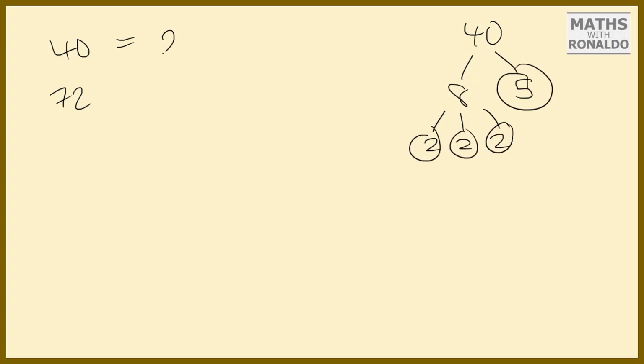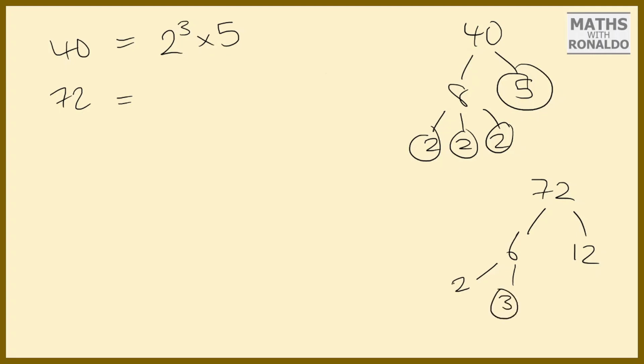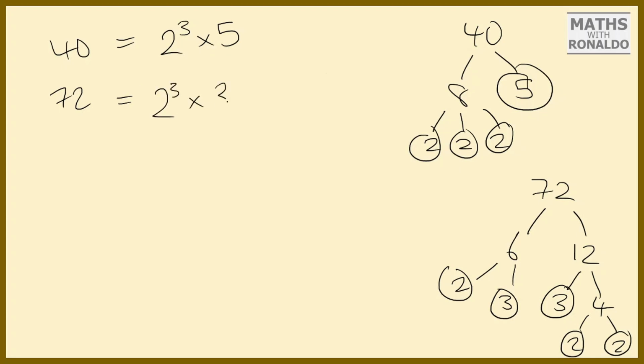So 40 is the same as 2 to the power of 3 times 5. 72, well, 72 is 6 times 12. The 6 can be split up into 2 times 3. 12 is 3 times 4. 4 is 2 times 2. So we know that 72 is the same as 2 to the power of 3 times 3 squared.